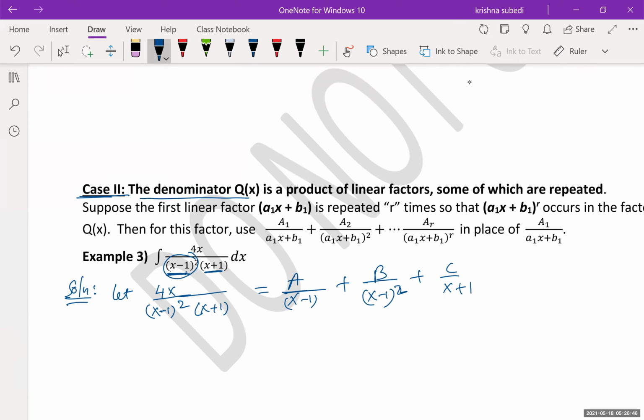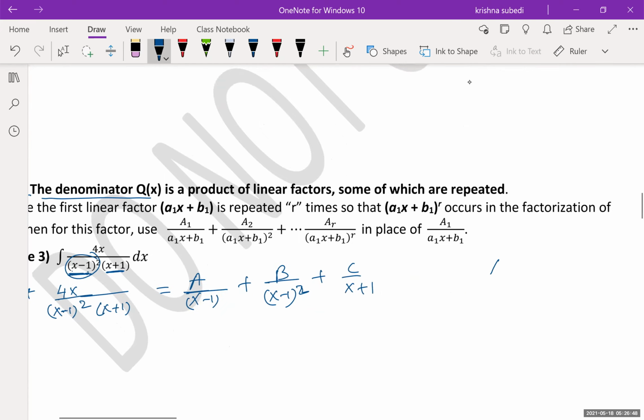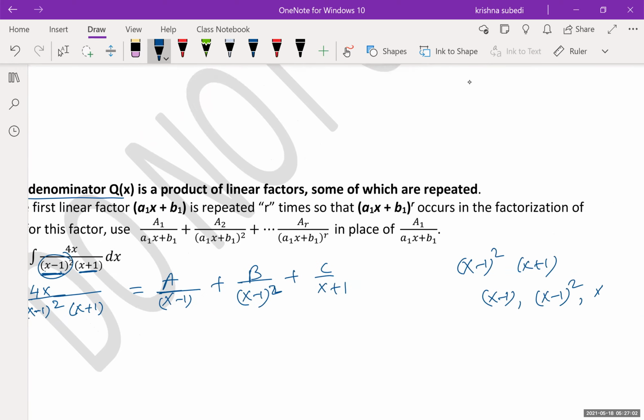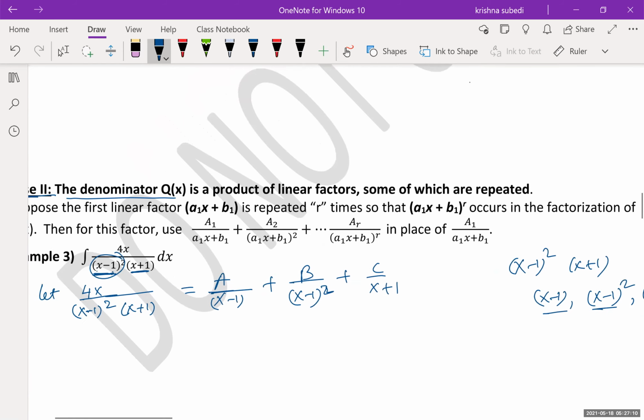Because remember, in this x minus 1 squared and x plus 1, there are 3 factors actually. One of the factors is x minus 1 itself, another factor is (x minus 1) squared, and another factor is x plus 1. So there are 3 of those factors that we can take out from them. So in that case, we will put it this way.